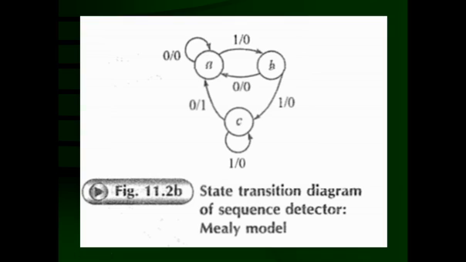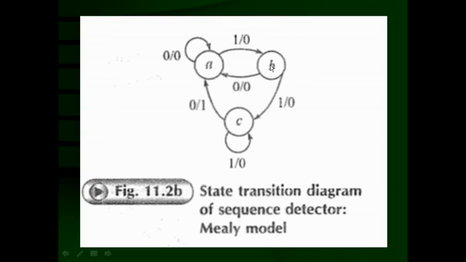But when it is in state A and the input data X is 1, that means the first bit in the sequence is detected and it cannot reside in the state A, but makes a transition from state A to the state B. Its output remains 0 because the total sequence is not detected, only one bit is detected, but it makes a transition into the state B now.